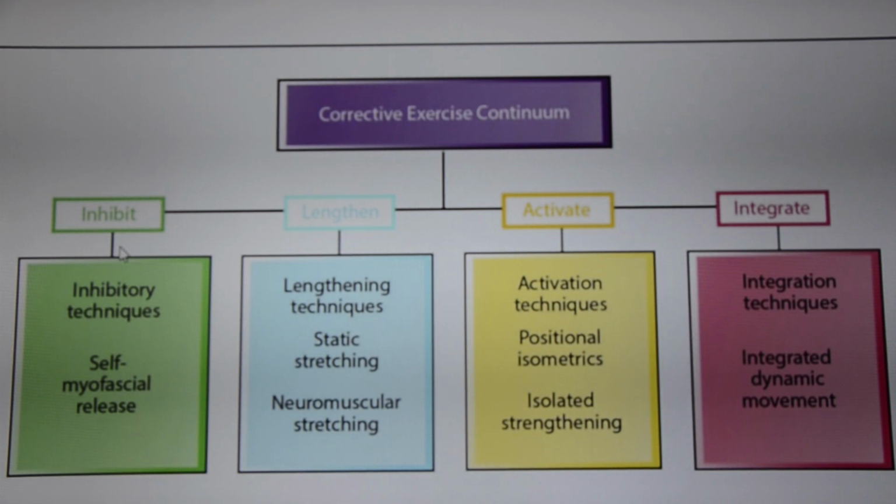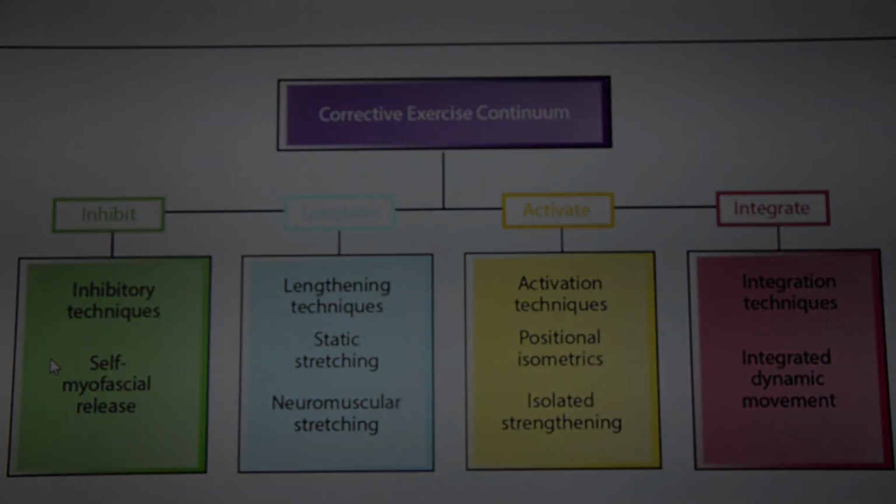In phase 1, self-myofascial release, or SMR, techniques are used on the areas which have been identified as overactive or shortened through the assessments, and if SMR is used correctly, it will reduce tension in the muscle.